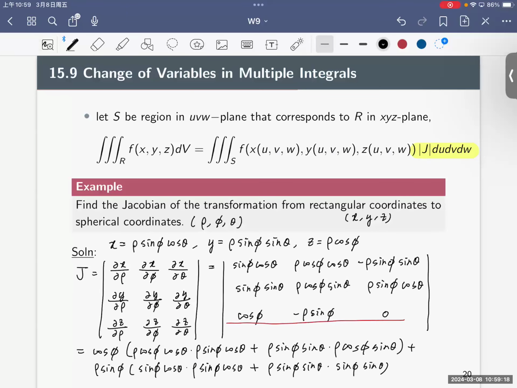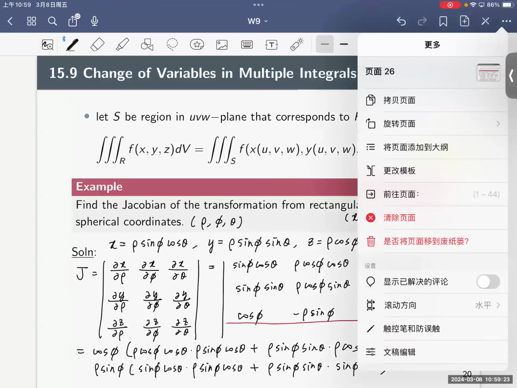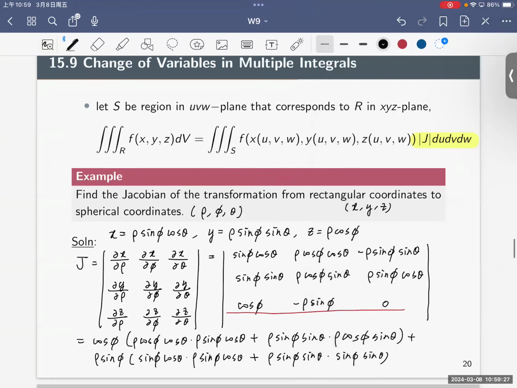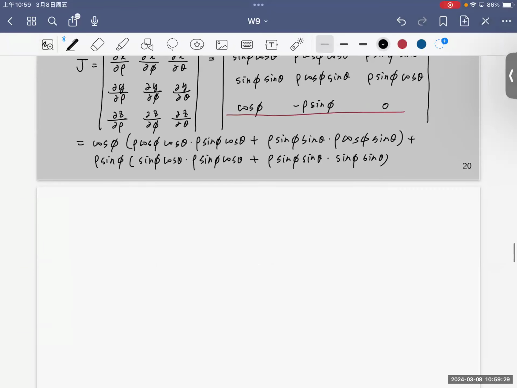Okay, so let's simplify this. So I have cosine phi.